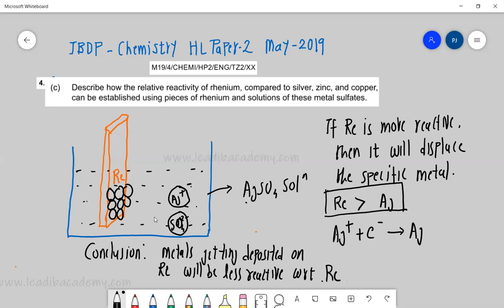So that is the test, whether rhenium can displace those metal ions. That means whether it can take out those ions preferentially. This is more like displacement. Simple. So you can test it for silver, zinc and copper. Whatever metals get deposited are going to be less reactive. Extremely simple but a very fundamental concept in testing reactivity from the solution.